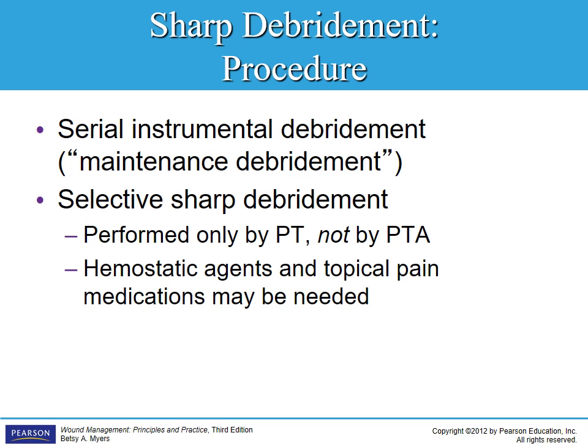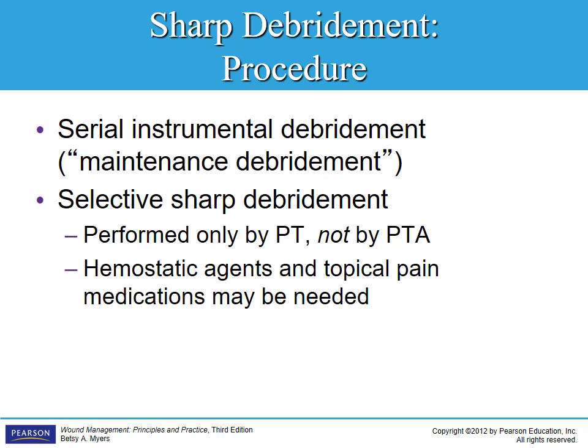You can do serial instrumental debridement. We see this a lot with the venous insufficiency ulcers. Remember I talked about there's a different type of slough that you'd see on a venous insufficiency ulcer. It's very adherent, very yellow, and very close to the granulation tissue, so it's hard to get off because it's really adhered.